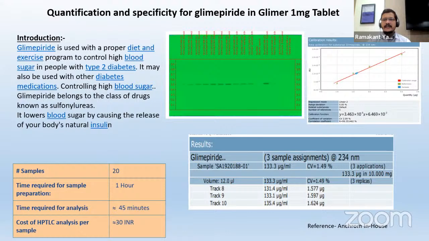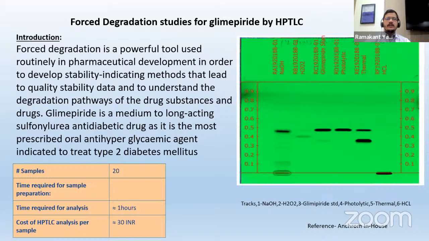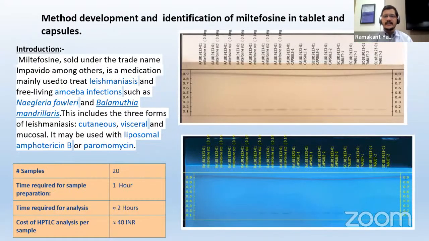To check the label claim assay of the major API in any formulation, we can use HPTLC. This is assay of glimepiride from Glymer 1 mg tablet. Then post-degradation studies of glimepiride, we can do accelerated stability studies, post-degradation, etc. for impurity profiling, related substance analysis.